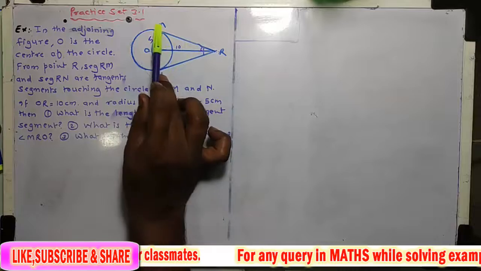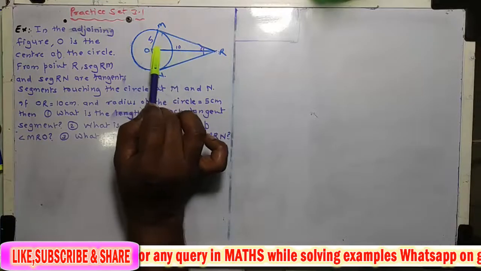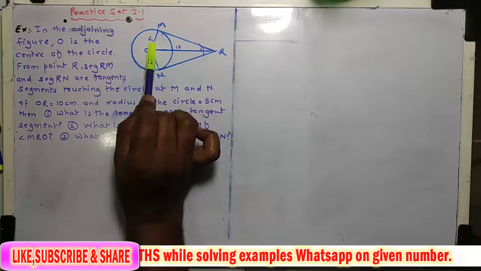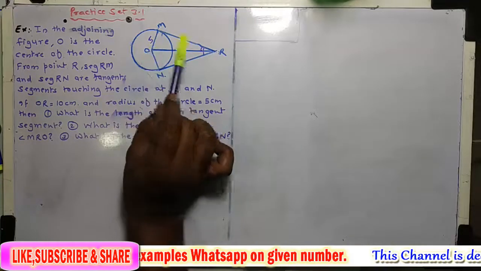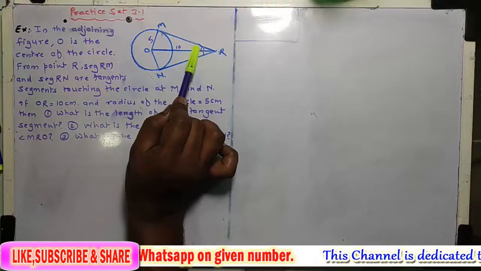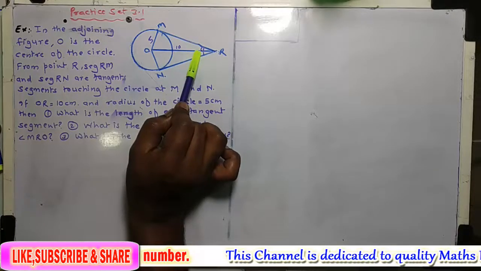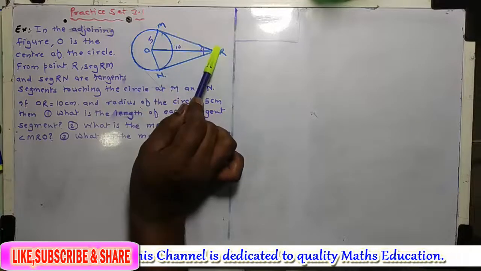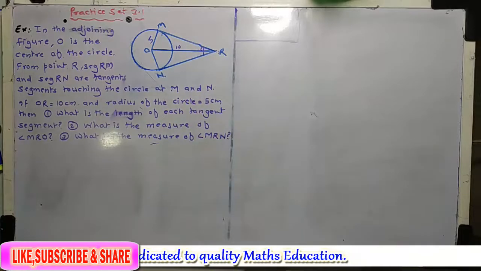Now here the length of OM is 5 and OR is 10, which is half. This OM is half of this OR. So the measure of the angle opposite to OM is 30 degree. Similarly, this lower angle is also 30 degree, because those two angles are congruent, and the measure of angle MRN is 30 plus 30, that is 60 degree. So in this way we have to solve this example.